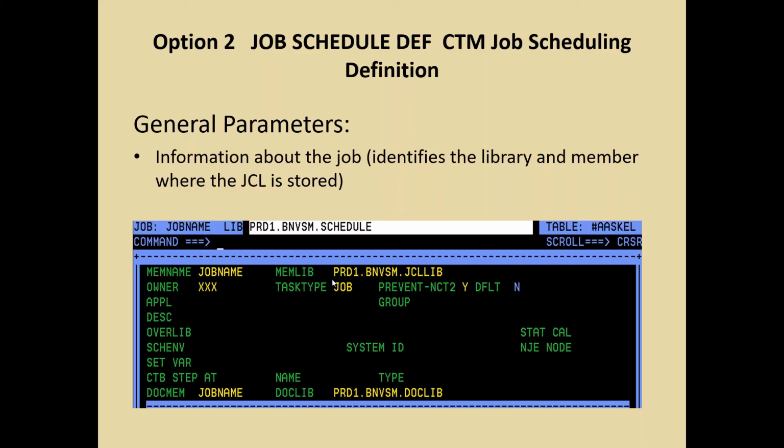and the task type is a job. This owner is of importance to us because the owner controls all operations on this particular job. Suppose I have a certain ID and Control-M is already installed on my system.